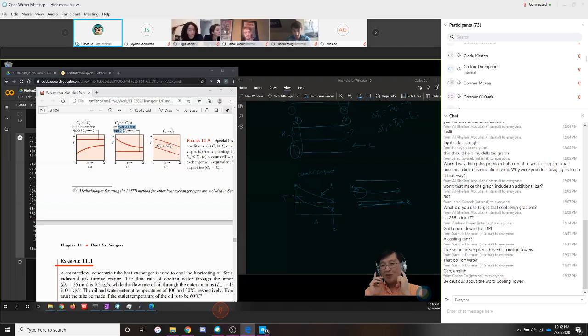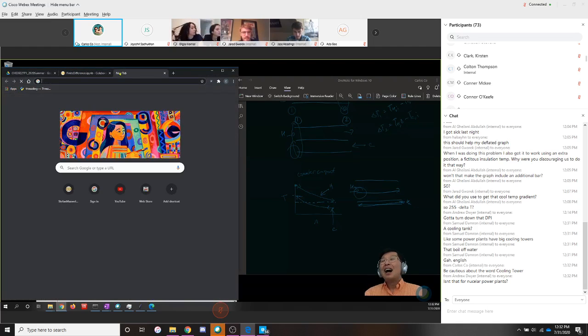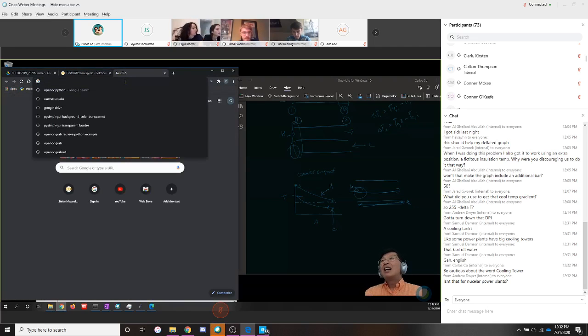When you say cooling tower, people are very specific about exactly what that means. So if you have a situation where you're cooling something down and it's a tank, don't call it a cooling tower.